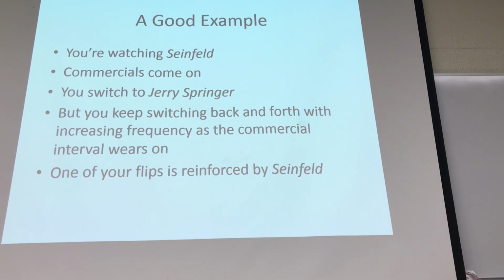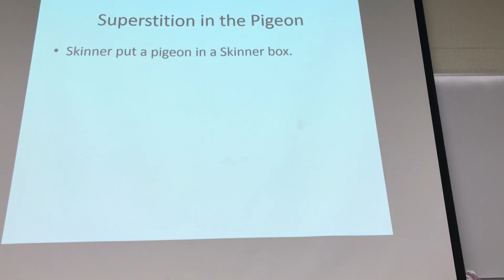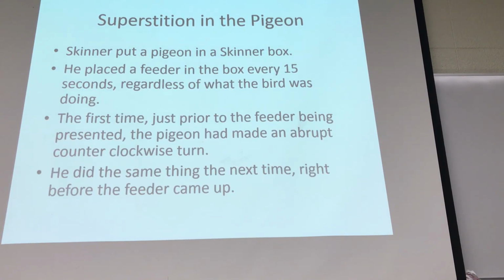That would be an FI schedule. Is there a clock that tells you when the commercial is over? No. Is there a timer? Is there a calendar? Then this is a real FI example. Let's talk about superstition.